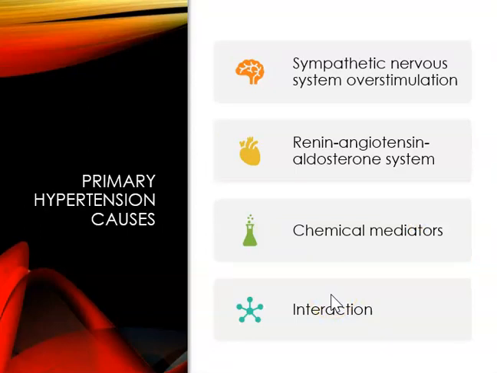So some pathophysiologic causes of this. The CNS overstimulation can lead to vasoconstriction and increased cardiac output, so that's one possibility. Alterations of the renin-angiotensin-aldosterone system affect vasomotor tone and salt and water excretion, even if it's not needed at the time. Chemical mediators can also affect vasomotor tone and sodium and water excretion.